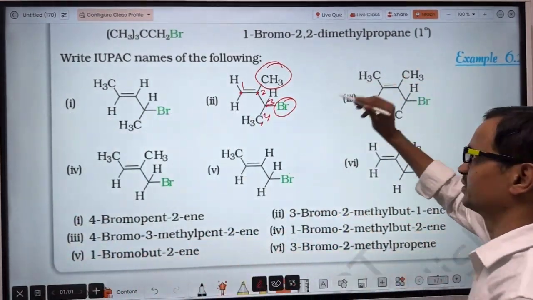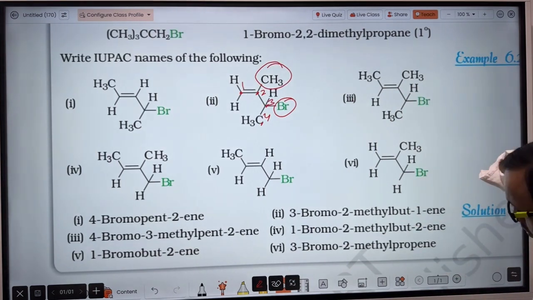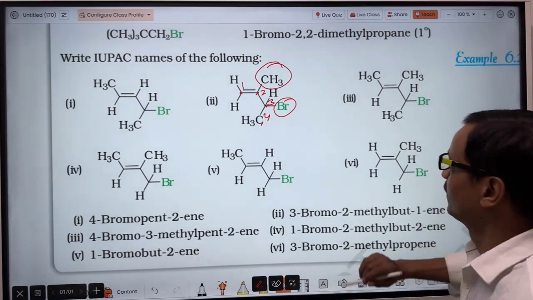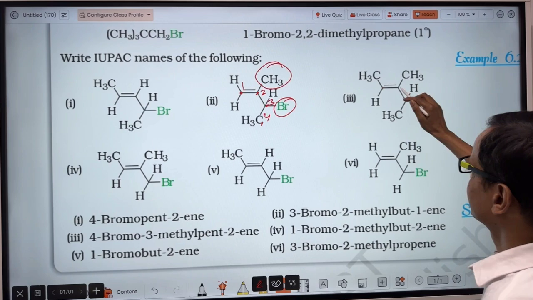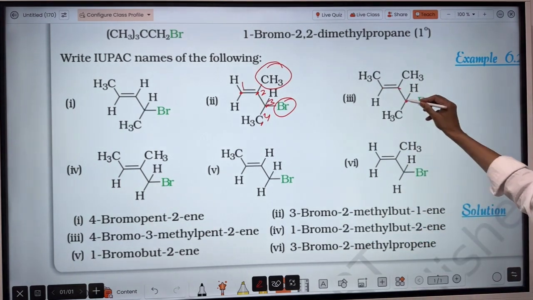Now let's see about this compound. Here also there is a double bond and a halogen. First of all, you will have to select that carbon chain which must include this carbon and this carbon, because the halogen is bonded to this carbon.